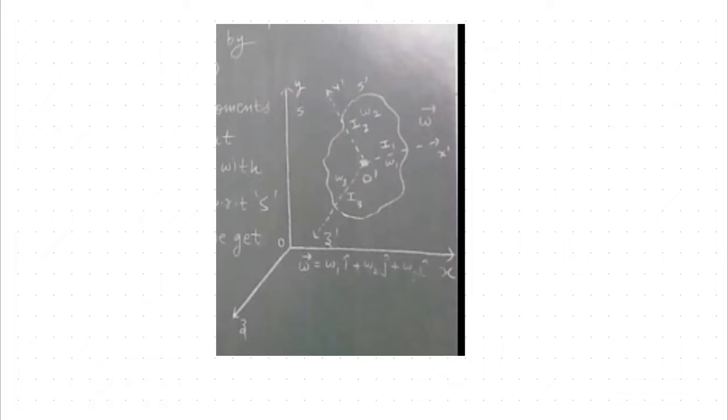When such a condition holds, we call the axis a principal axis. Since the body rotates with angular velocity omega, the principal axis will also rotate.